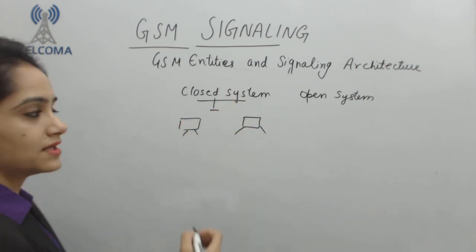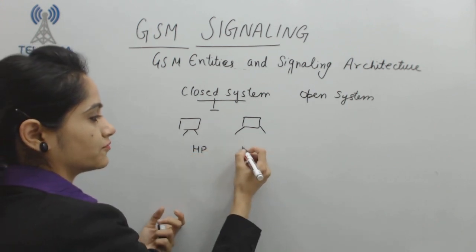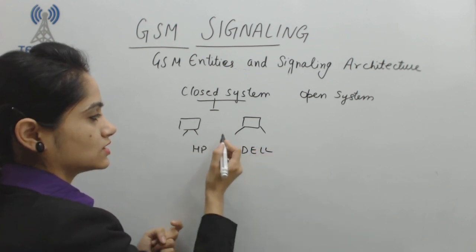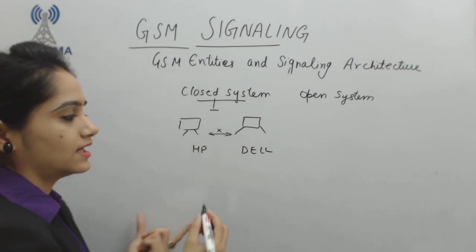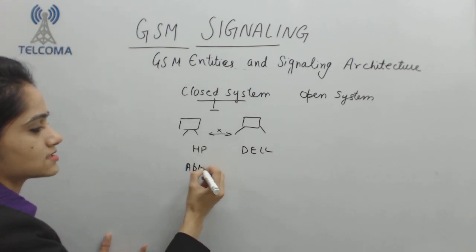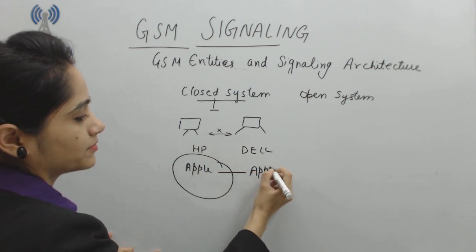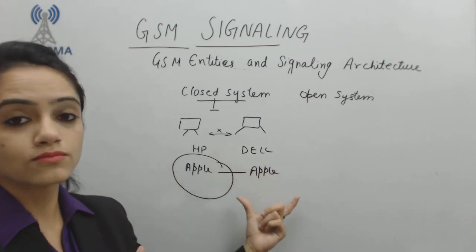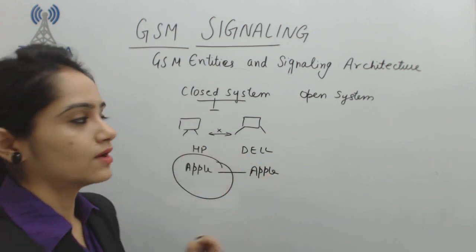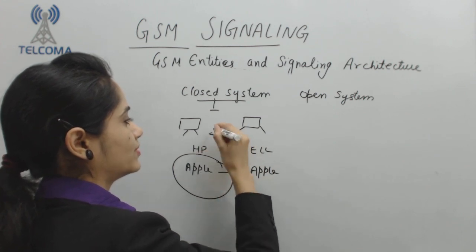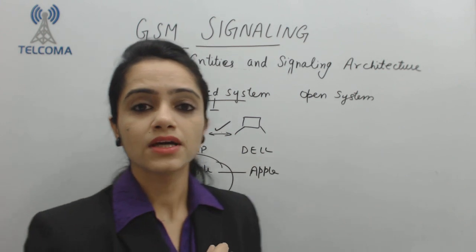For example, if this is a laptop of HP and this is a laptop of Dell, these laptops are not compatible with one another. Like Apple, this forms a closed system. We can connect Apple to Apple, but we cannot connect Apple with Bluetooth to other devices. Whereas for an open system, we can openly connect any devices with one another, except those that are closed.